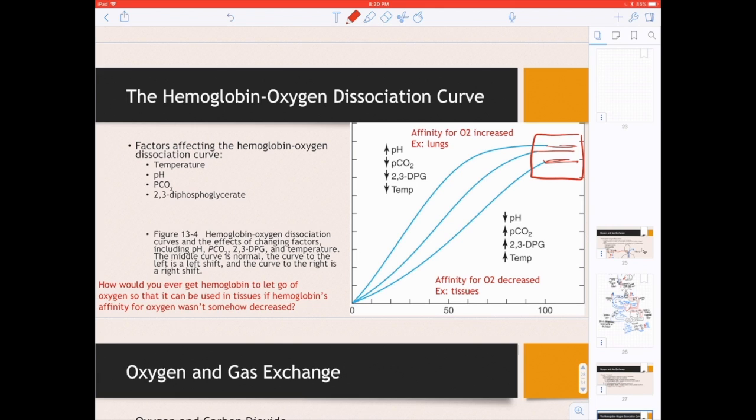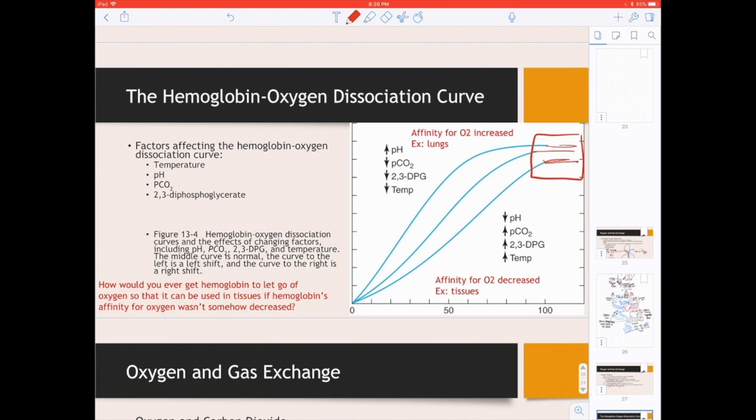That plateau is important. Now, some factors affect the hemoglobin oxygen dissociation curve. Let's think about what that even means. What we're talking about here is the affinity that hemoglobin has for O2 molecules, or how likely is the hemoglobin to grab onto that oxygen, and how likely is the hemoglobin to let go of that oxygen. So factors that can affect that are temperature.